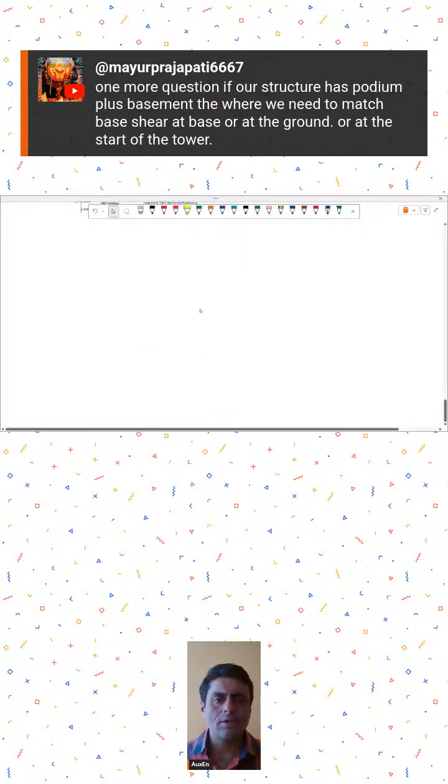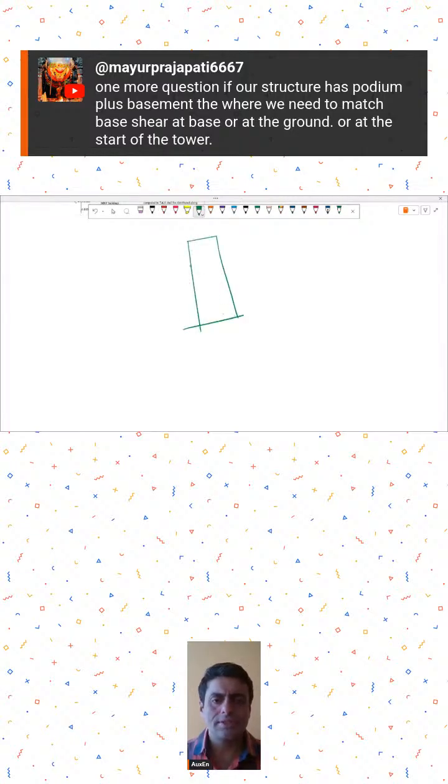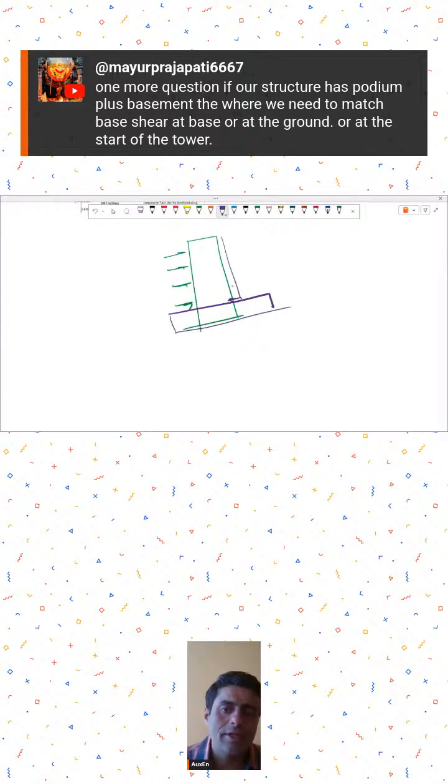See, please understand, base shear is the summation of all shear forces. Now this is not very clearly given, that if you have a podium and there is a case of shear reversal happening, then what you should do. That thing is not very clearly given anywhere.